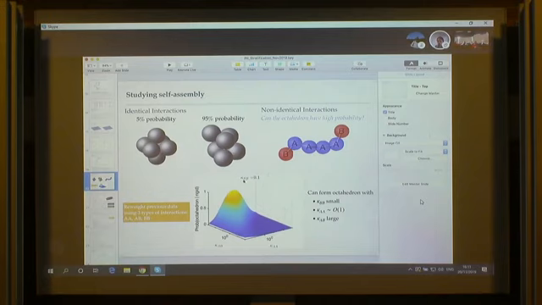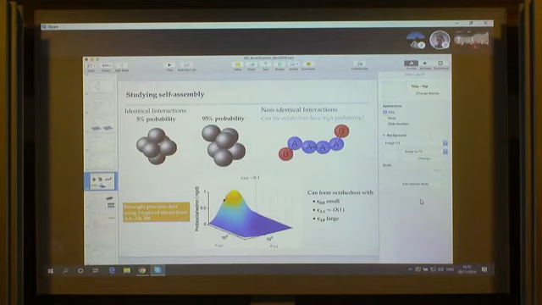Here, the BB interactions are weak. This is the AA interactions. This is the AB interactions. And you can see that if the AA interactions are some order 1 value, and the AB interactions are strong, then there's very high probability of forming the octahedron. So the answer is yes, we can do this.